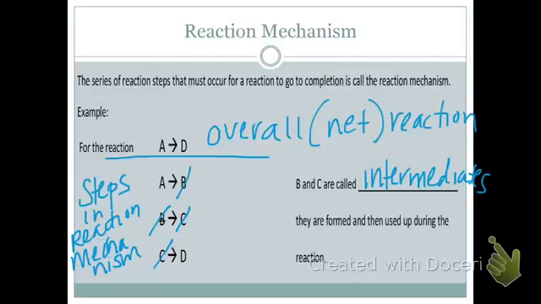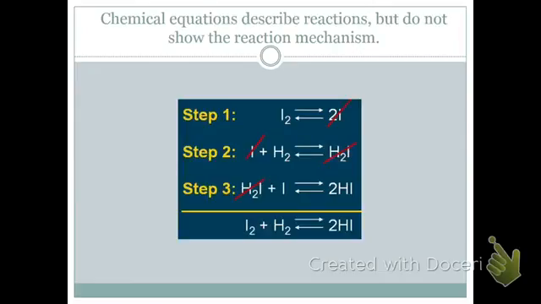Okay, so here is a real example of a reaction mechanism without using letters that we don't know what they mean. So this is the formation of hydrogen iodide by iodine and hydrogen. Okay, and so you can see that this should also be marked out right here. Okay, that I got left out. So I2 has to break apart into two iodine atoms separate.